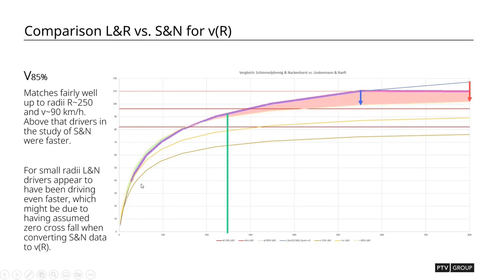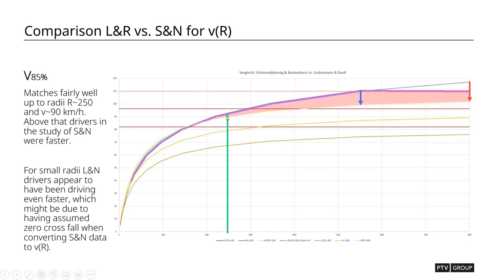And now we look at the effect of the speed limit on the drivers. First, when we compare Schimmelpfennig and Nackenhorst, that's the blue curve, with the three curves of Lindenmann and Ranft, we see that the Schimmelpfennig and Nackenhorst function has a good agreement with the 85% function of Lindenmann and Ranft up to a radius of 250 meters.